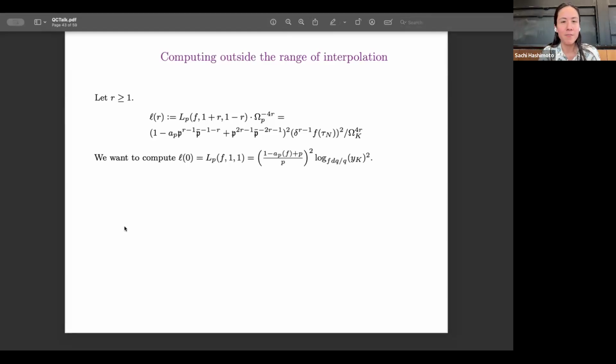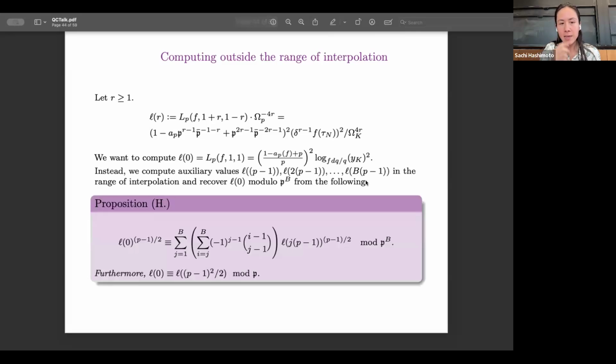So let me just say briefly about outside the range of interpolation. So for brevity, I'm going to call L of r this value at r. So then with this notation, what we want to do is compute L of 0. And that is the special value, so it's proportional to log squared of our Heegner point. And instead, what we'll do is compute a bunch of auxiliary values, L of p-1, L of 2p-1, up to some bound b(p-1).